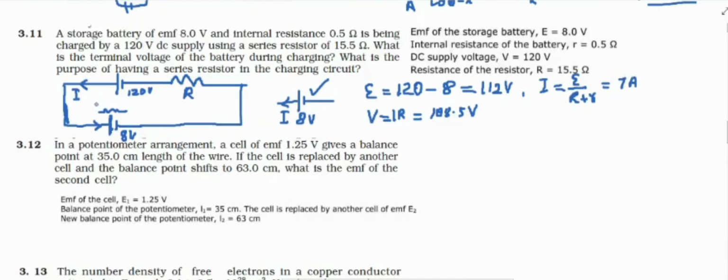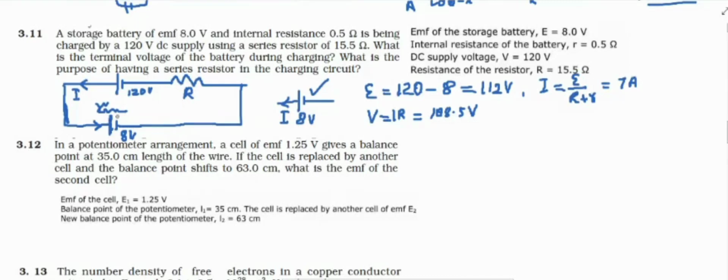So it is just like a series combination of resistors, capital R and small r. How much of the 120 volt is dropped across external resistor capital R? 108.5 volt is dropped across external resistance capital R.